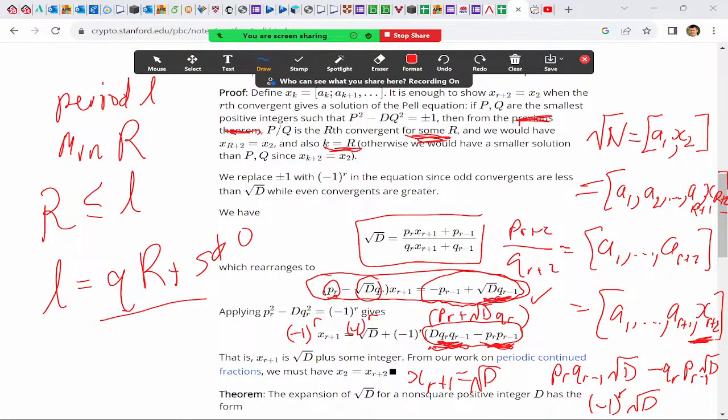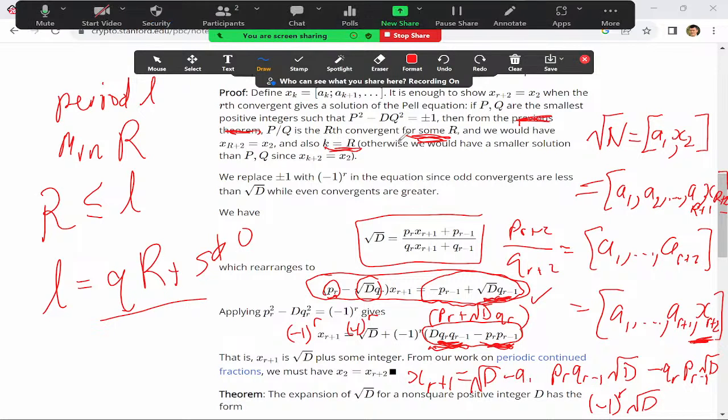Yeah, so I'm a little bit worried if it's minus some integer. Could it be minus some positive integer? I guess we know XR is positive, yeah? Even if it's minus, I'm just kind of worried. So this is plus some integer, yeah? What if it was minus A1 though? Would that make a difference?